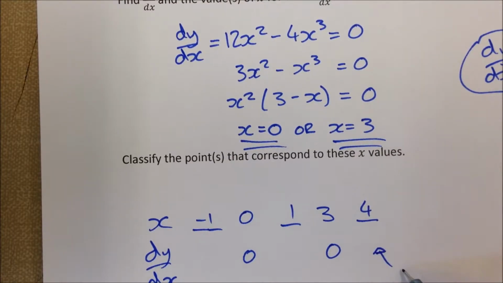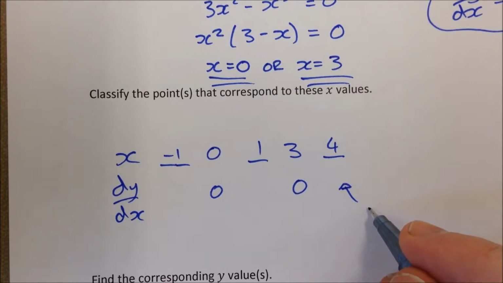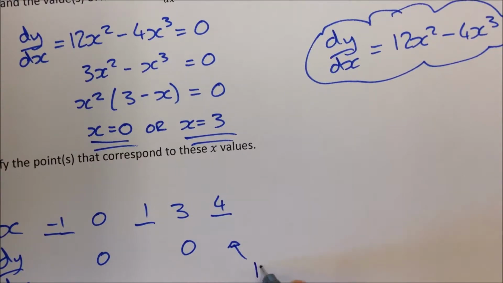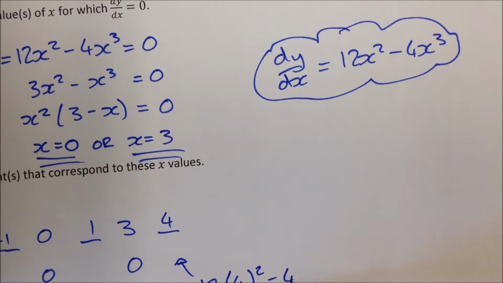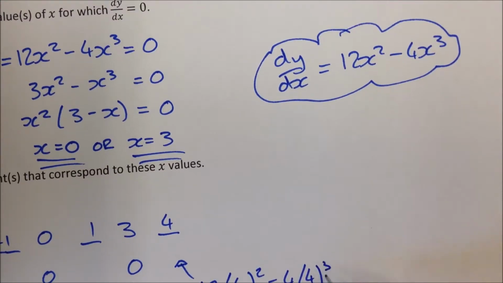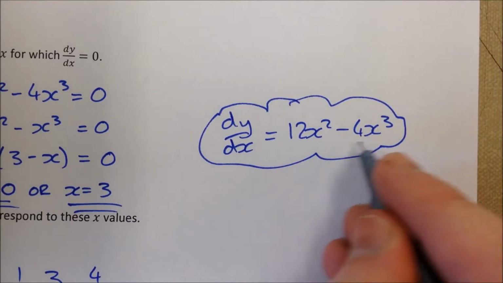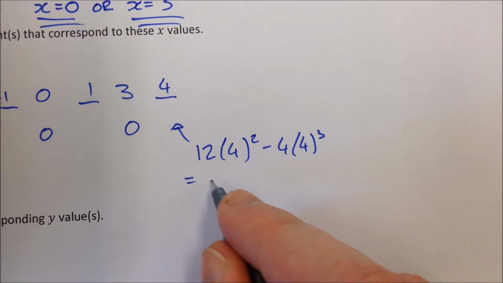So this one here is 12 lots of 4 squared, take away 4 lots of 4 cubed. So that's using this expression to generate my value of dy/dx.